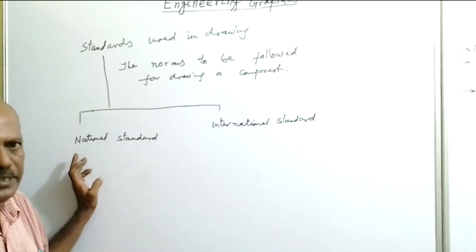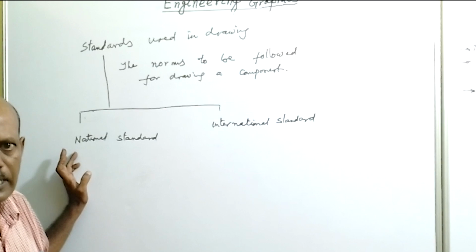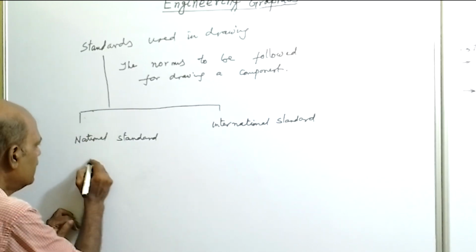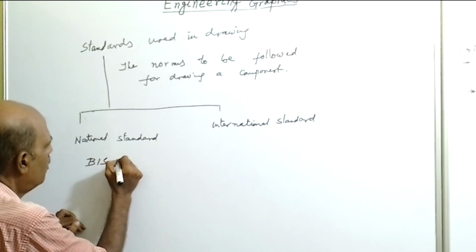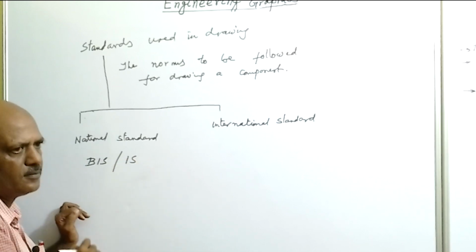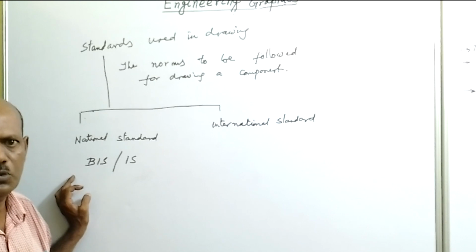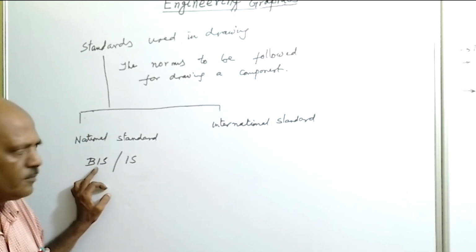So every country has its own standard, that is called the national standard. For India, this national standard is known as BIS standard, or simply, the new name is IS, Indian Standard. BIS means Bureau of Indian Standards, that is the old name.